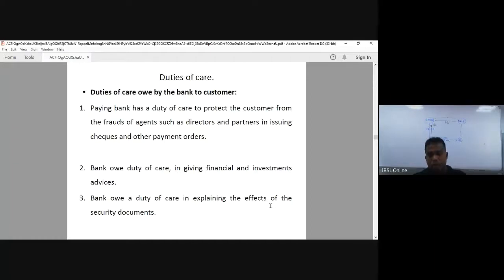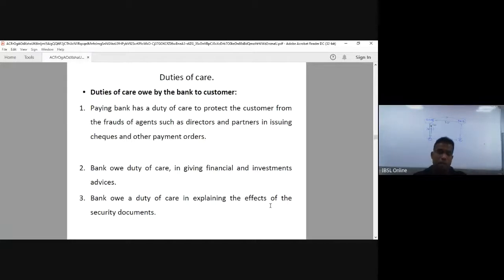So if the customer follows the legal advice and loses money, then the customer can sue the bank. Therefore, remember that the bank owes a duty of care when you are giving financial advice, investment advice, and also when you are providing bankers' opinion.